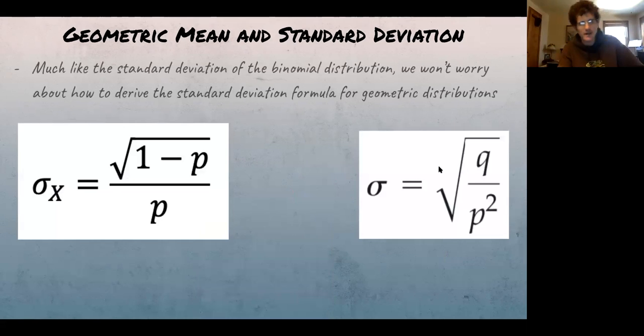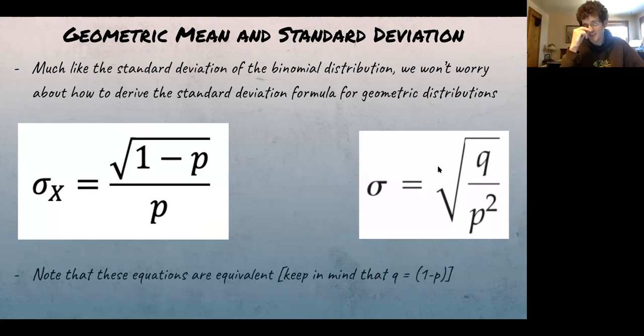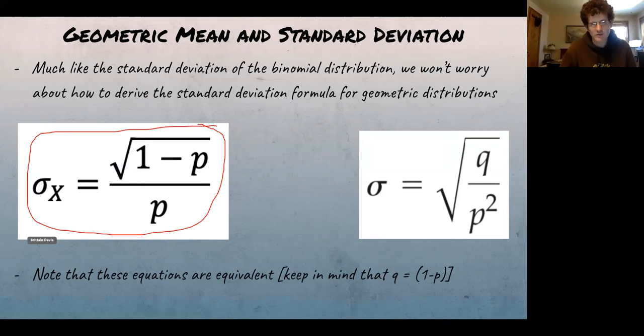We are not going to worry about the derivation, but this is the formula, and this is the one that I will use. This is the formula for the standard deviation of a geometric distribution. Your book writes it this way, which I think is unnecessarily complicated.